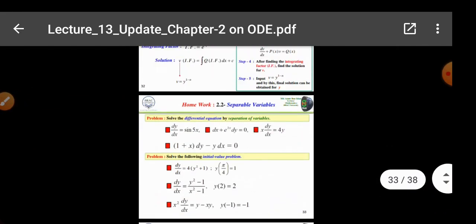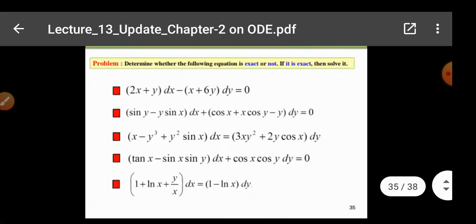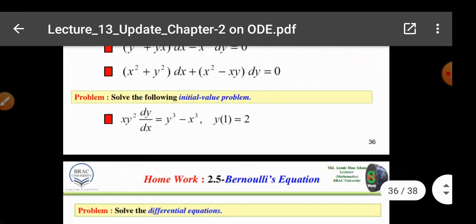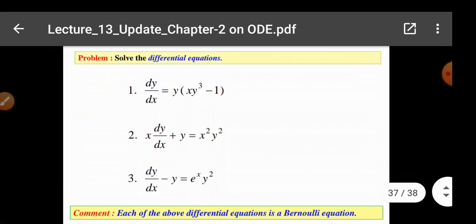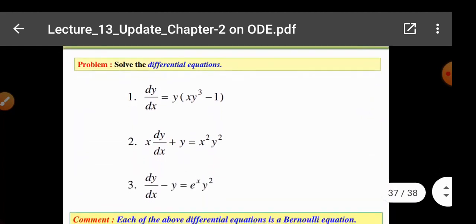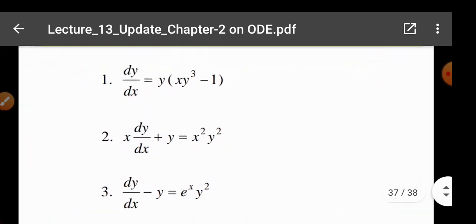See here, some problems are separable, some problems are for linear differential equation, some problems are for exact differential equation, and then you can see homogeneous differential equations are here, and finally 3 problems are from Bernoulli differential equation. You have to know how these problems can be solved. Already I have discussed the theoretical concepts.